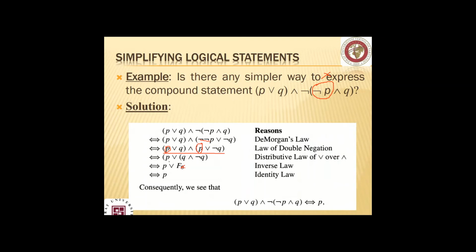And what's left? P or false, and P is dominant in this case. What we will get is the identity: we get back P itself. When you OR a statement with F, it's always the same statement. The identity takes back the same statement.